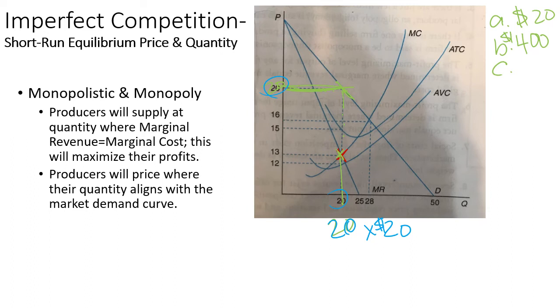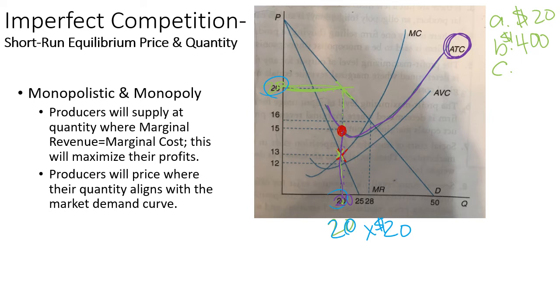Calculate the total cost to the monopolist at the profit maximizing output. So wherever this output intersects with the average total cost, if we are producing 20 units, our average total cost is right there.